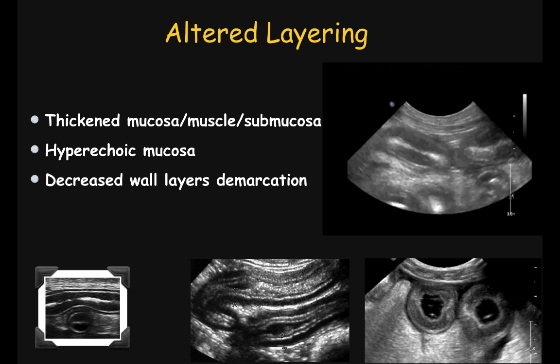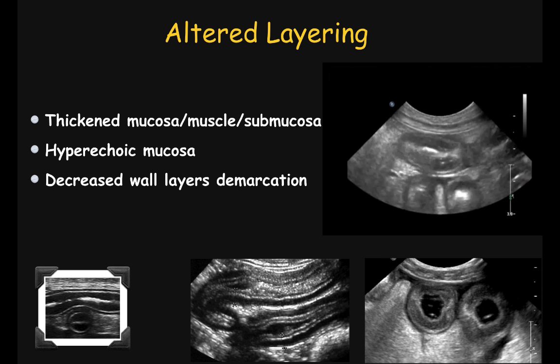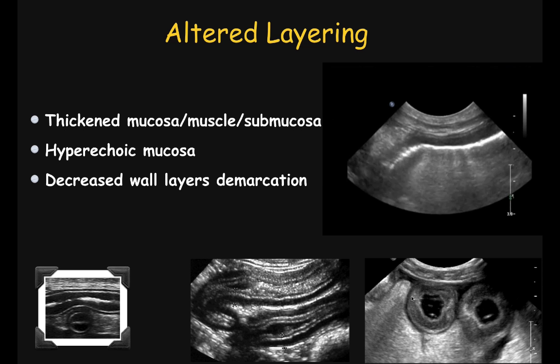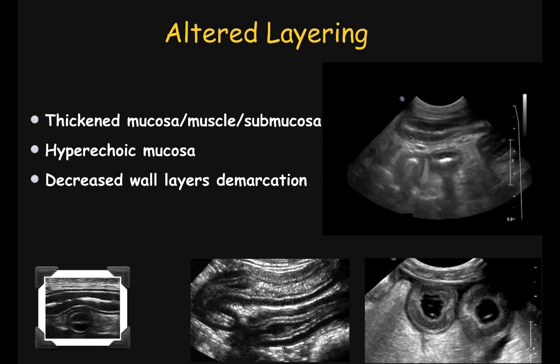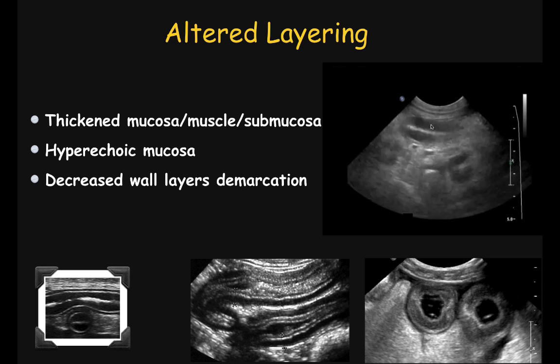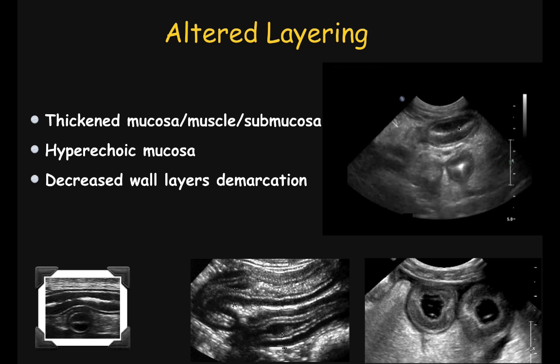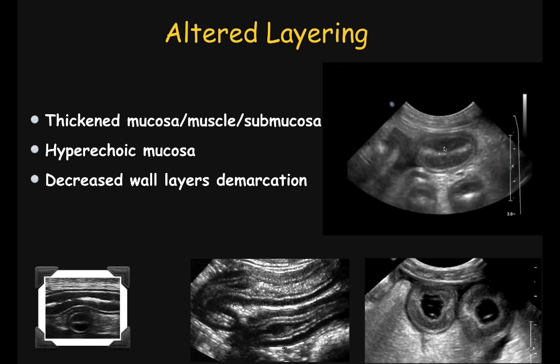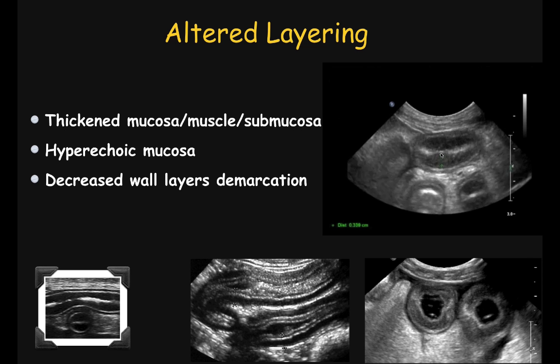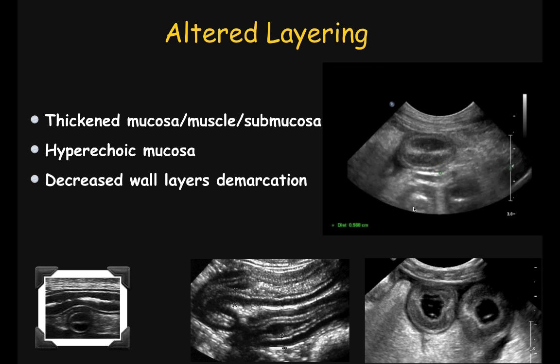On this real-time evaluation, we see a dog that has a scant amount of effusion in the abdomen and then bowel segments that were mildly thickened. And you see the speckly appearance of the mucosa, giving an overall increase in echogenicity.